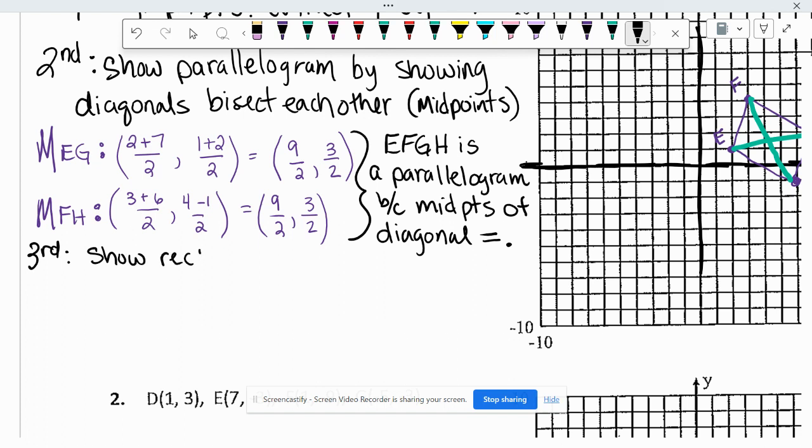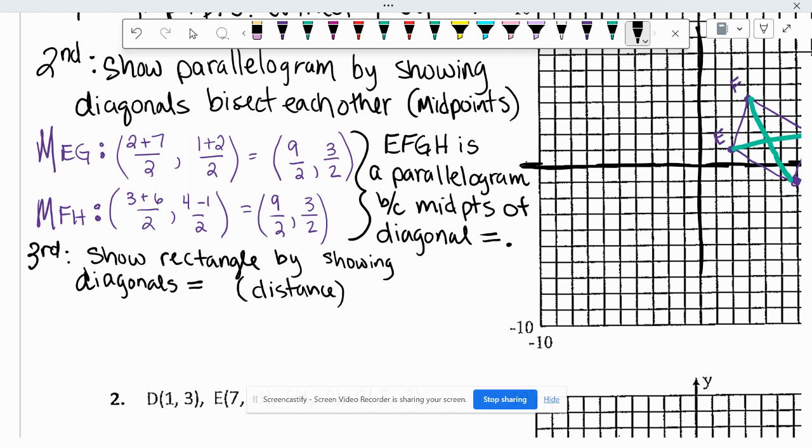And what method are we going to use? Which one did we highlight? Yeah, we're going to show that the diagonals are congruent. So we're going to show that the diagonals are equal in distance.